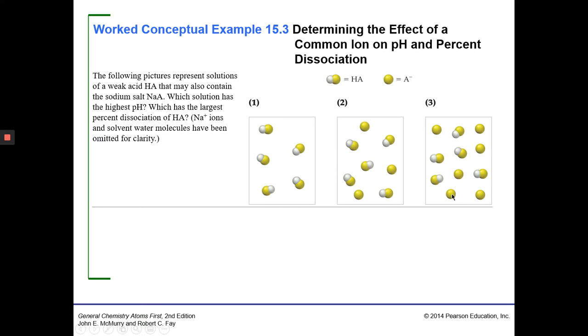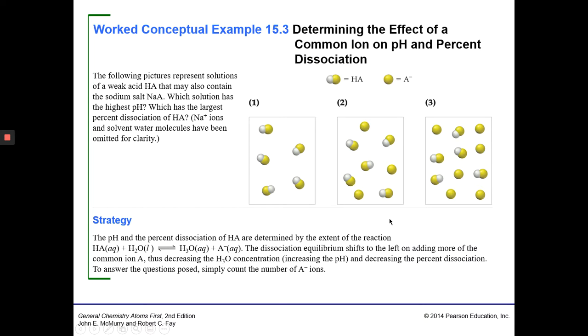And in this one, it looks like we have 1, 2, 3, 4, 5, 6 that have been dissociated. So the pH and percent dissociation are determined by the extent of the reaction. So 3 would represent the most dissociated.